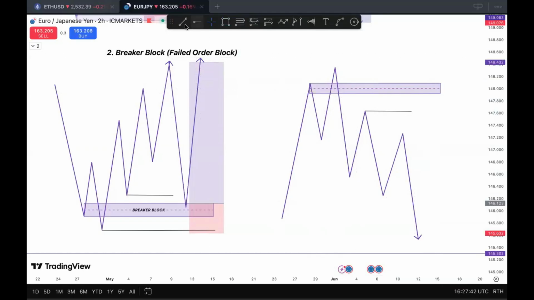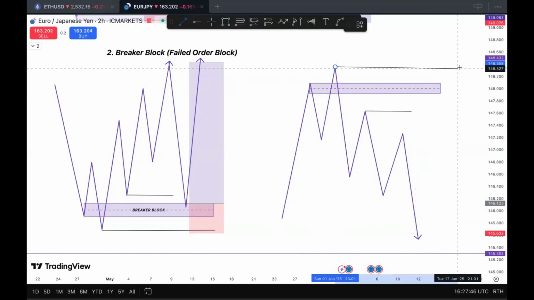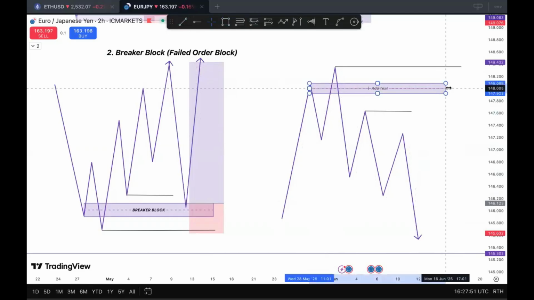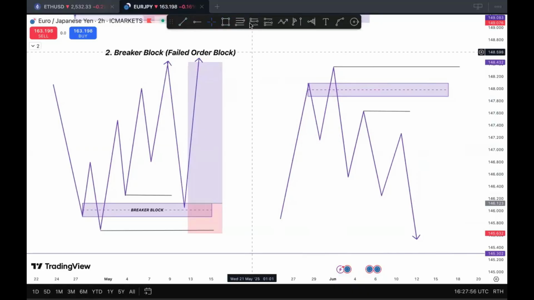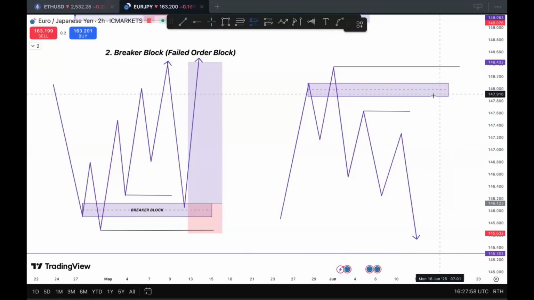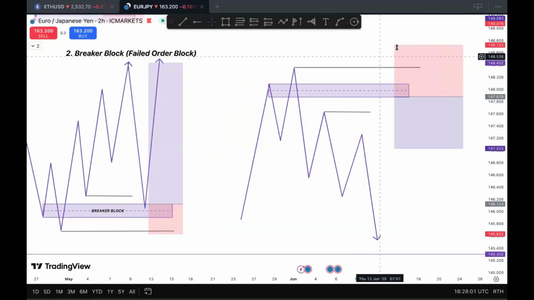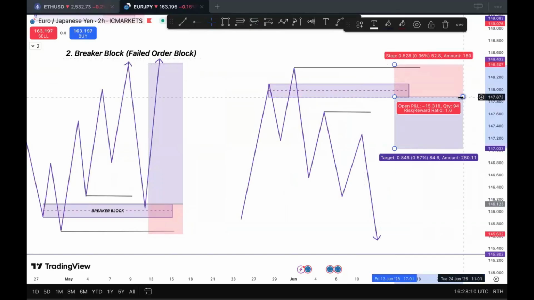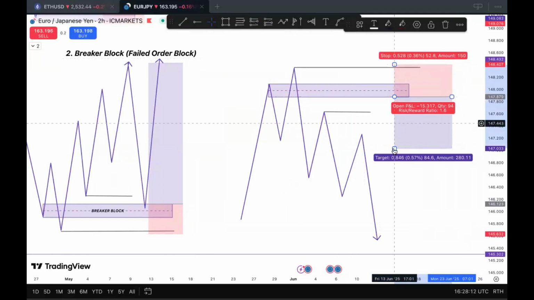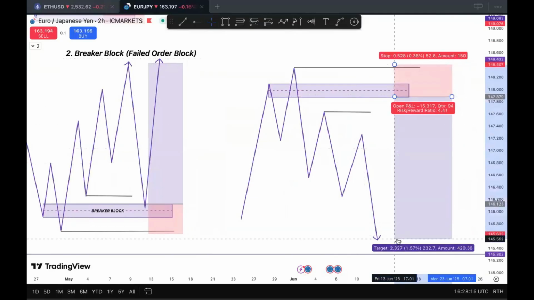And remember, the main low is always protected. So I place my order here, and SL slightly above the main high, and then target the recent low.